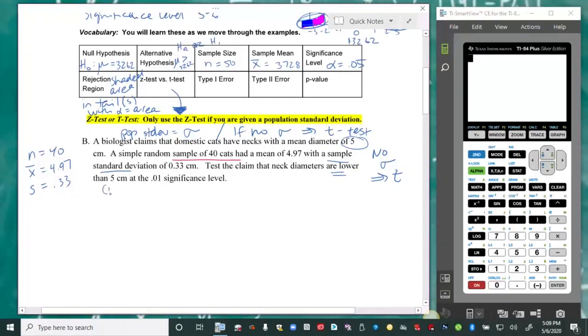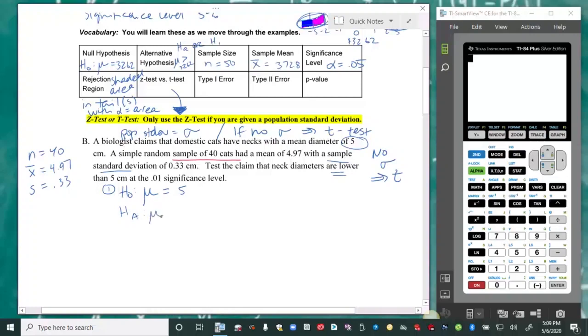So as we put step 1 together, the null hypothesis is what we're expecting, always using a parameter. So in this case, it's mu for the population mean. So we're expecting a mean of 5, and it either is equal to 5. My null hypothesis is always equals.